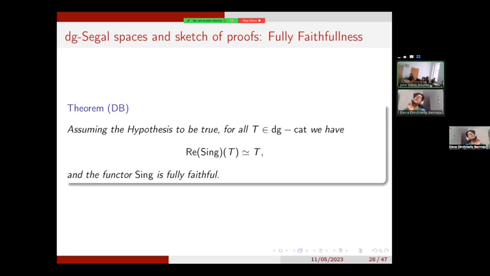So what we're going to do is we're going to try and chop all DG categories into free DG category bits, and then use the fact that all of the bits work correctly. So how are we going to do that?